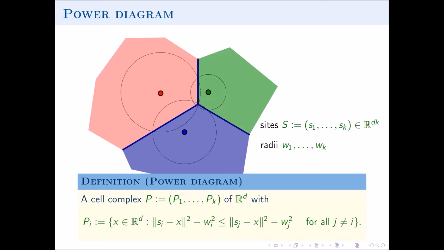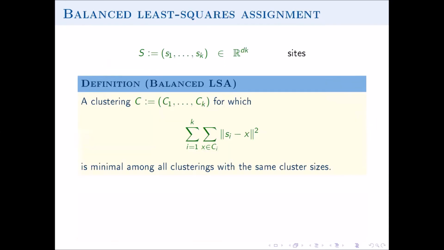So power diagrams are a representation of almost all polyhedral cell complexes. Except for some really technical examples, all simple cell complexes can be represented in this fashion. So these are the types of cell complexes that we put in a data space.